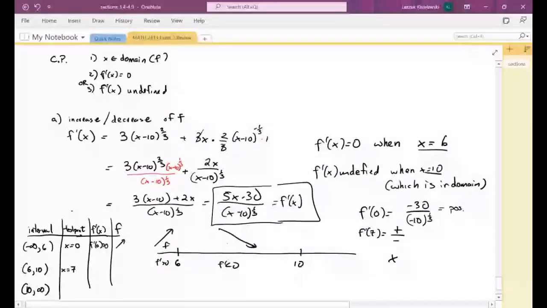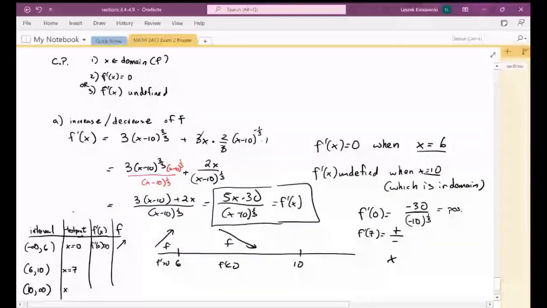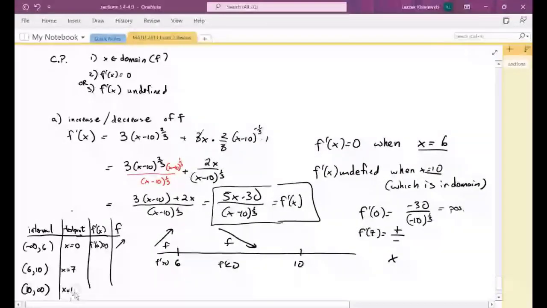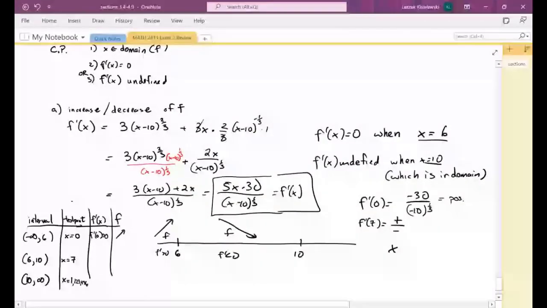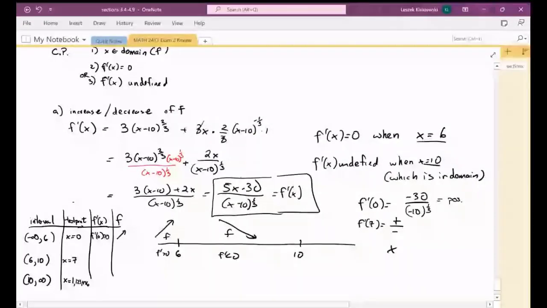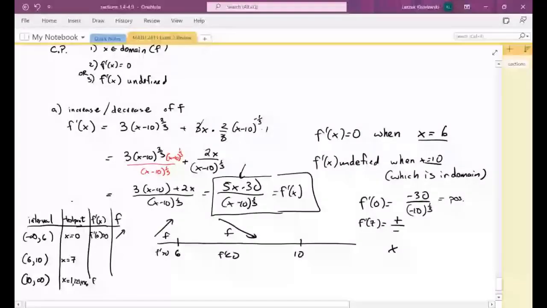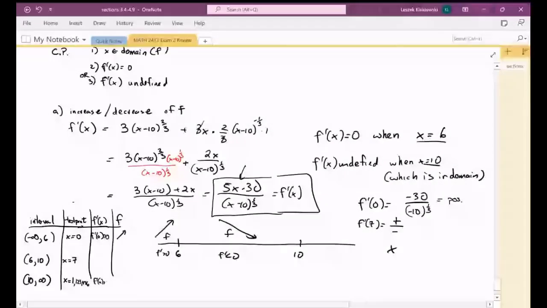And if x is really large, let's say x goes to infinity, let's choose an x value like 1,001,230. Doesn't matter. Obviously, if you stick that into your derivative, you're going to get a positive number. Awesome.